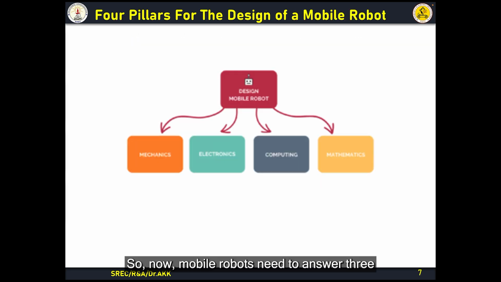Now, mobile robots need to answer three fundamental questions before deployment. In the mobile robot aspect: where am I? Where am I going? How do I get there? These are the three basic questions that mobile robots need to answer.